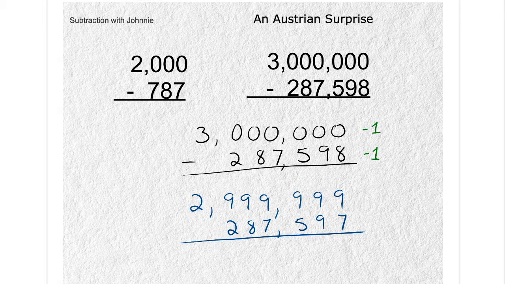Now if we subtract this, 9 minus 7 is 2, 9 tens minus 9 tens leaves us with no tens, 9 hundreds minus 5 hundreds leaves us with 4 hundreds, 9 thousands minus 7 thousands leaves us with 2,000, 9 10,000s minus 8 10,000s leaves us with 1 10,000, 9 100,000s minus 2 100,000s leaves us with 700,000, and 2 millions minus no millions leaves us with 2 million.